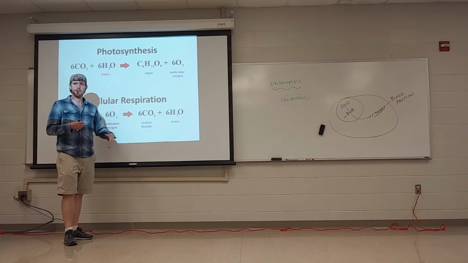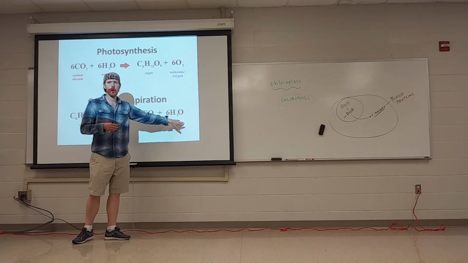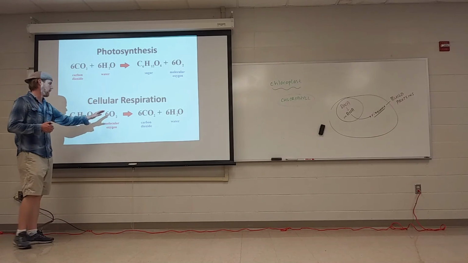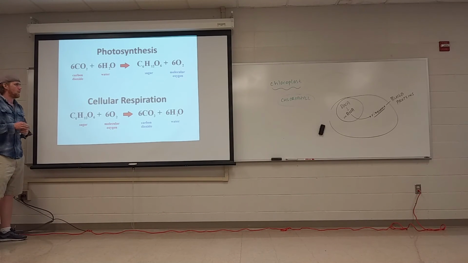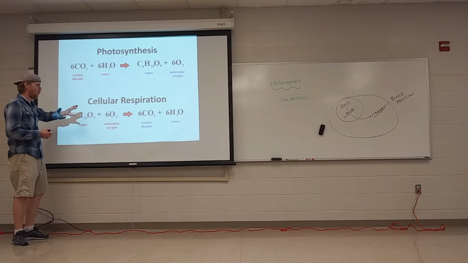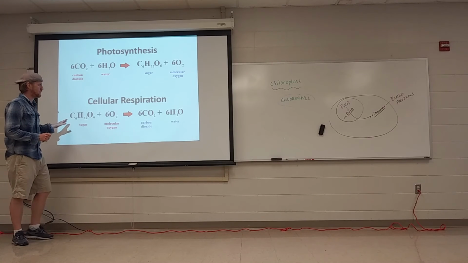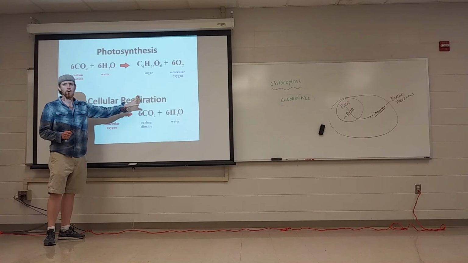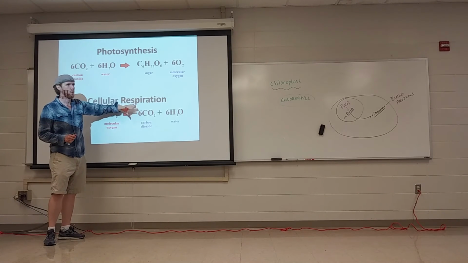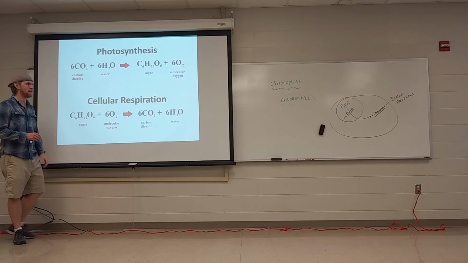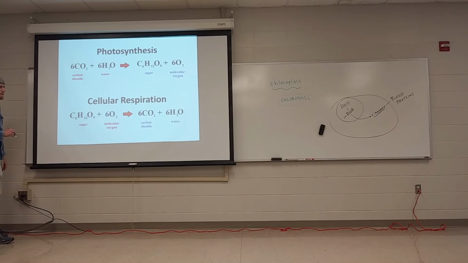We produce the waste product, CO2, and water as a result of the breakdown of our food. Once again, energy is not created nor destroyed, so where does the energy that was in the sugar go to? It is ultimately used to power our cells. And how that whole thing works, we have a whole section on later in the semester.